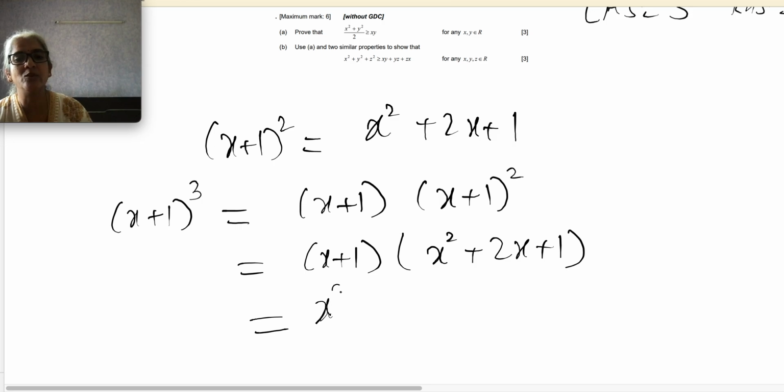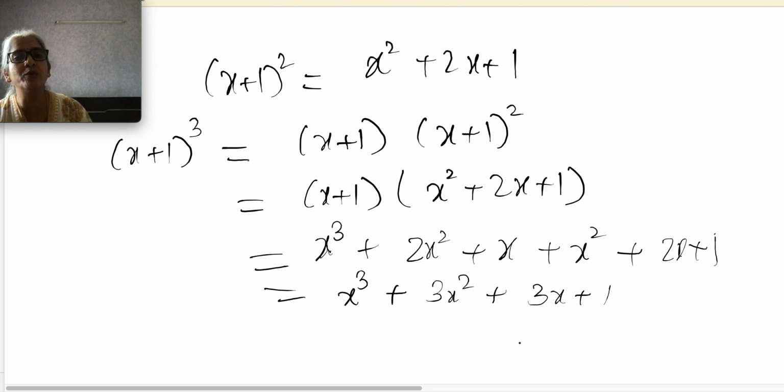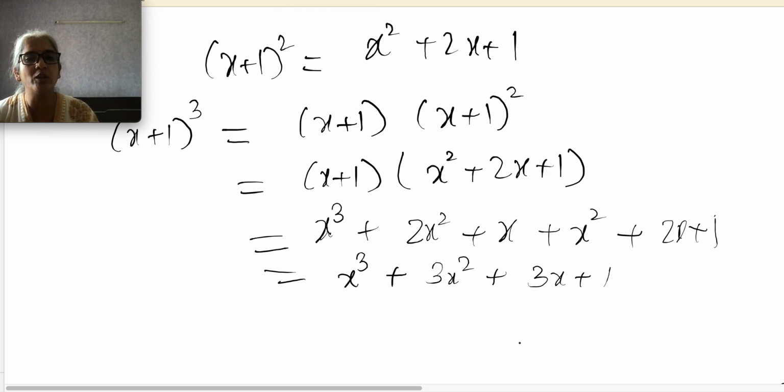So x cube plus 2x square plus x square plus 2x plus 1. Collect the like terms. So x cube, the x squares get added, the x's get added, and 1. And that's how I could prove that x plus 1 the whole cube.